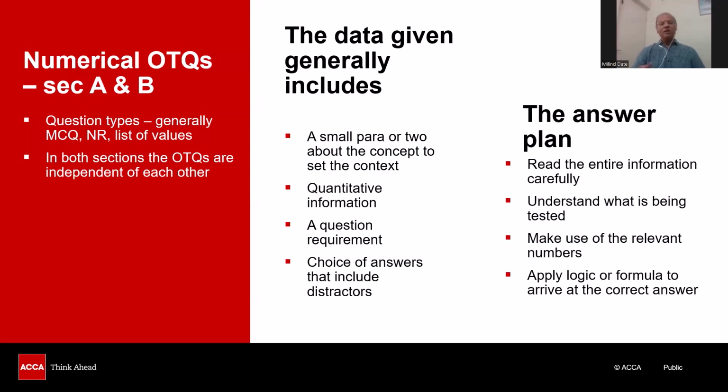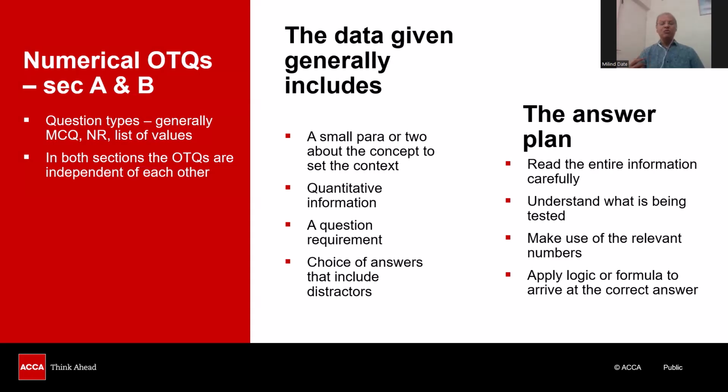The way a student is advised to follow a certain plan is, first of all, reading the entire information carefully, word by word. And this is where a lot of practice can help you. Understand what concept or which topic is being tested. And then try and make use of the numbers that are given to you.